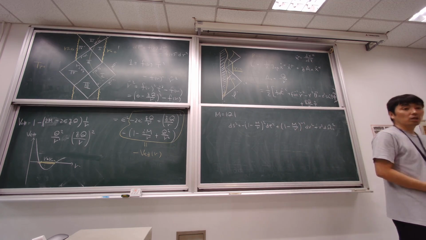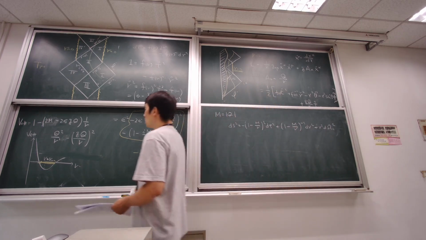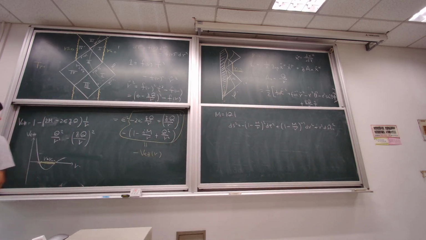I'm sorry, I have a question about this. Can the coefficient before the 1 over r be negative? That would mean all the particles scatter to infinity or something, because if this is negative, then there would be no well. Every particle would fly out.